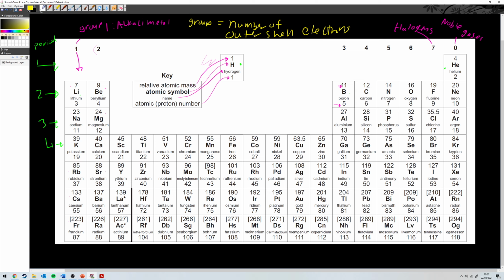And what does the period equal? I'll try and write sideways. The period equals the number of electron shells.